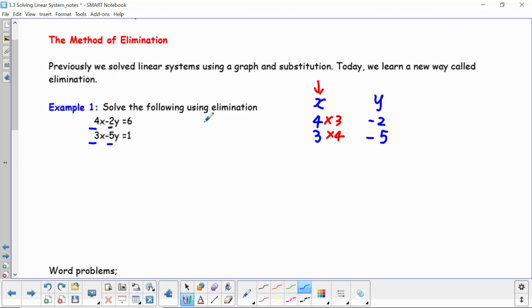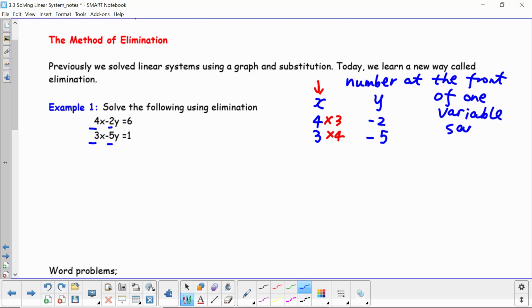Okay, so our idea is we are going to change the number in front of one variable to be the same. The reason why we want to do it is because once they are the same, we could subtract, then that variable will be gone.